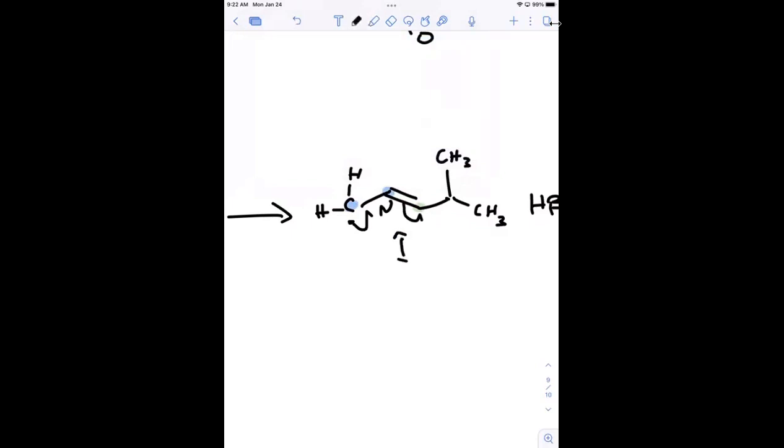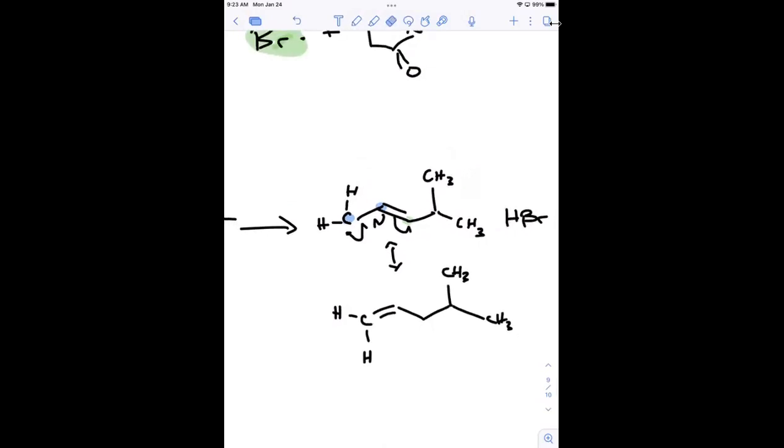All right, so then I'm coming here. Now I have this, where my double bond is now here on the end, and my radical is here. And that's what that resonance form looks like. All right. Questions about that?